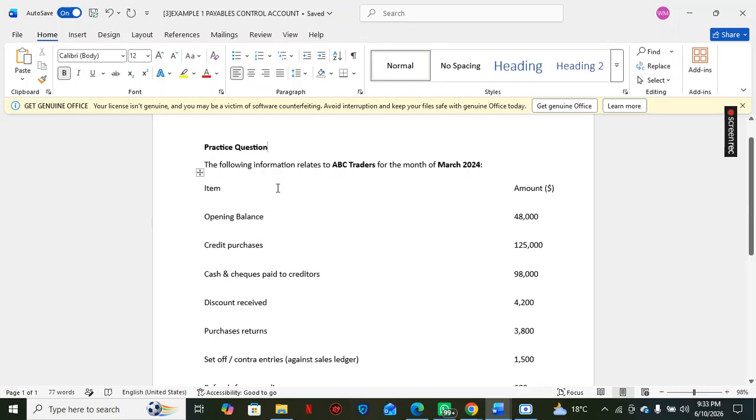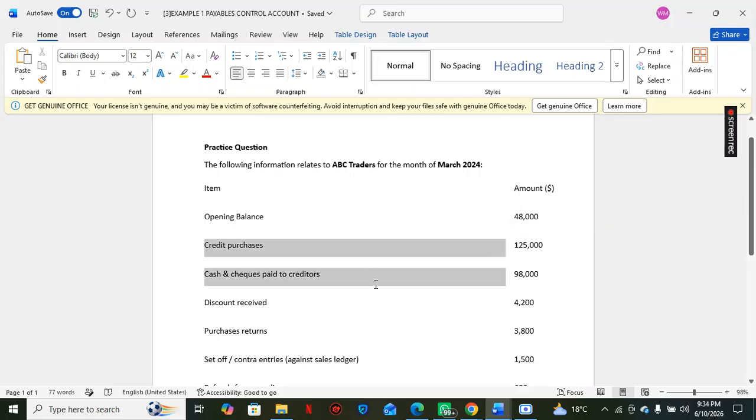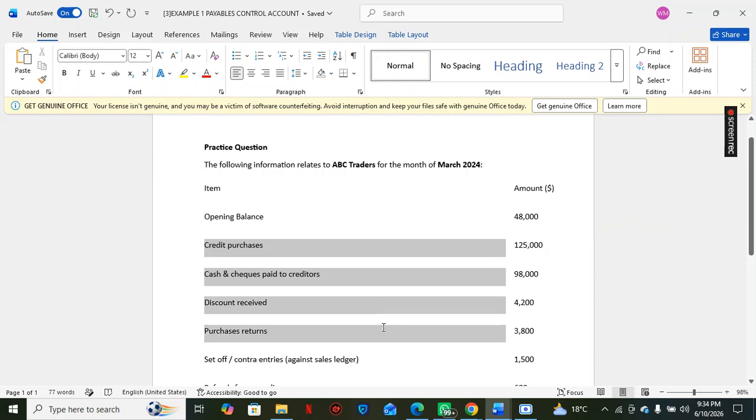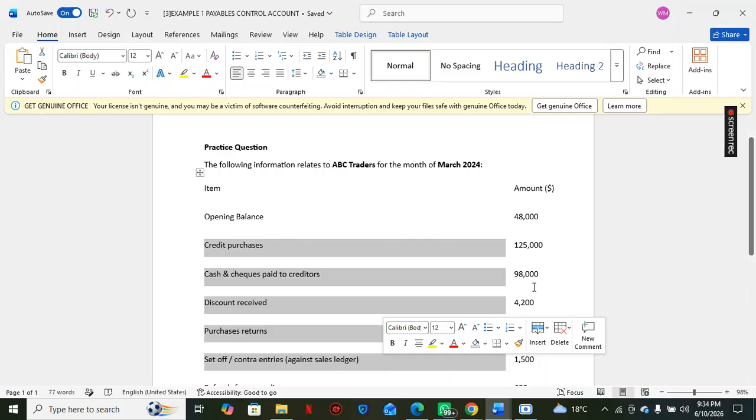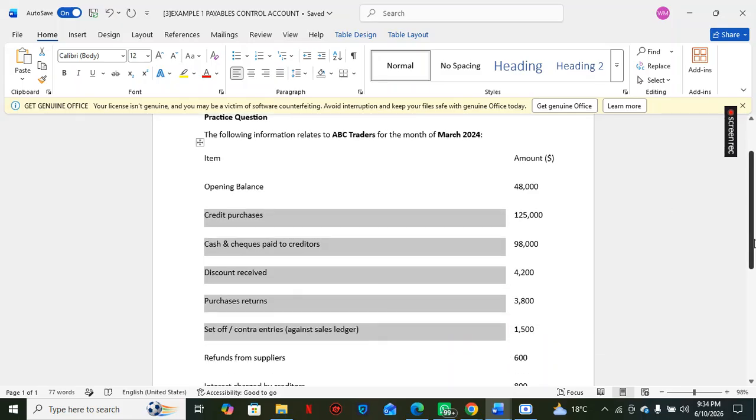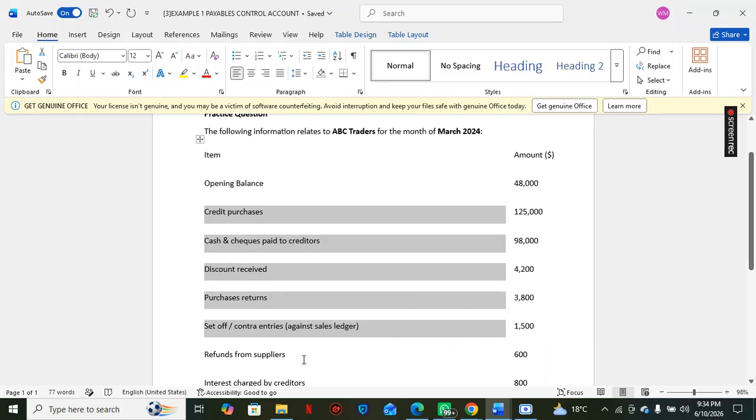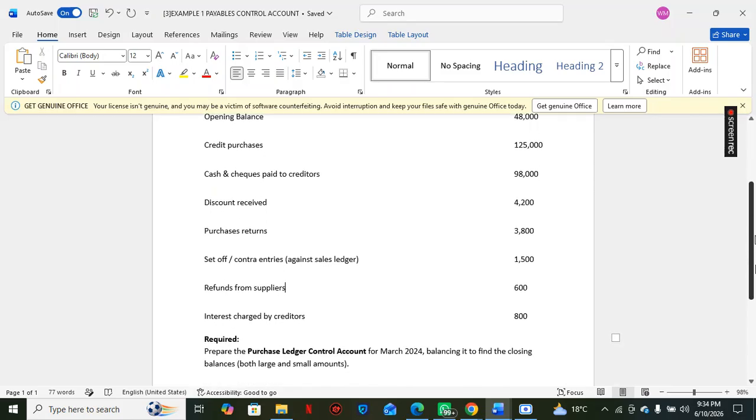So the question is: the following information relates to ABC Traders for the month of March 2024. This is the opening balance for the control account, credit purchases, cash and checks paid to creditors, discount received, purchases returns, contra set off, and these other transactions.